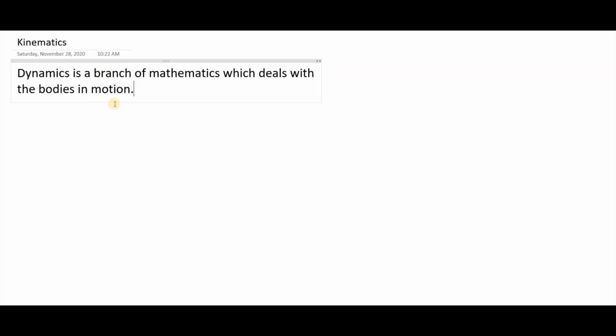Now, before starting kinematics, you must know some basic definitions. As all of you know, what do you mean by velocity? Velocity is the rate of change of displacement, and it is denoted by dx by dt.